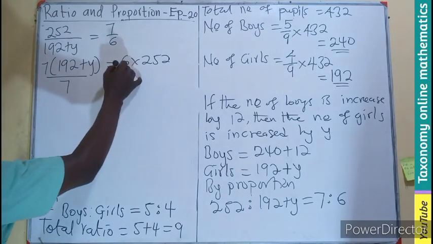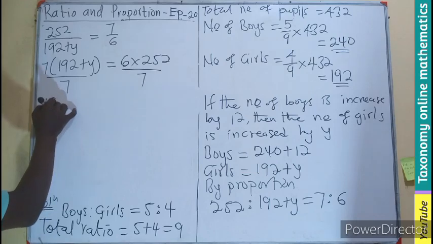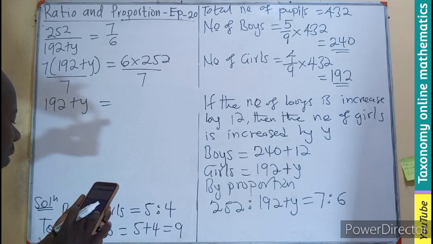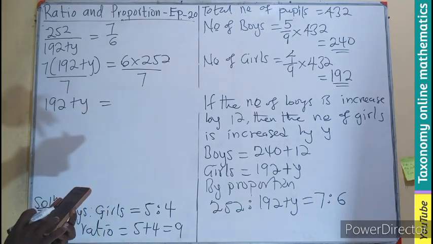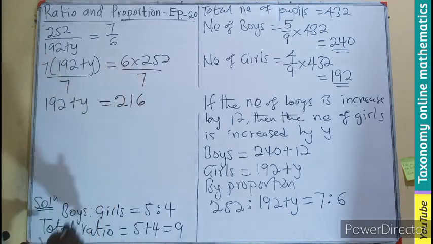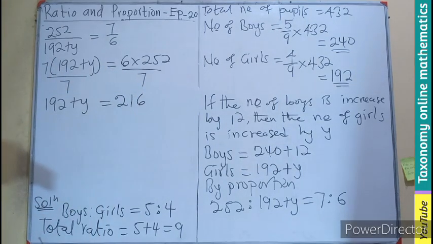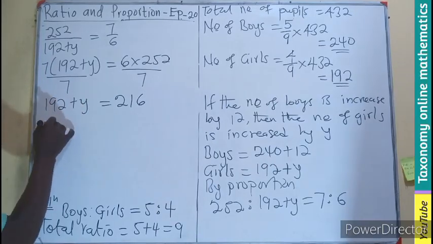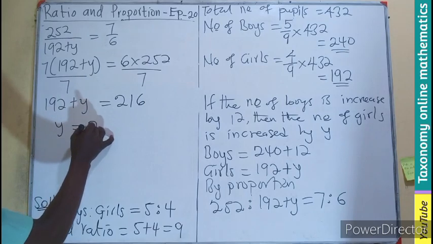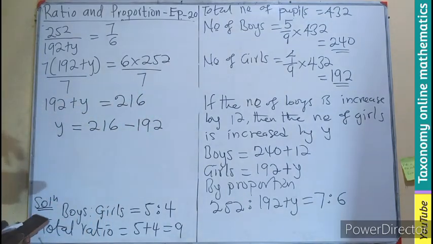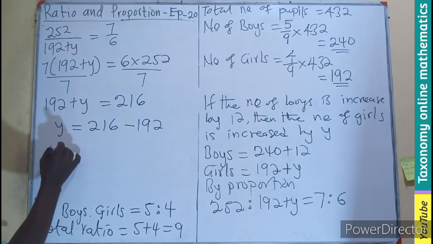So if I divide by 7, I'll be having 192 plus y equals 6 times 252 divided by 7. And that gives us 216. But in this 216, we can make y the subject by subtracting this. So y equals 216 minus 192. And I believe that will give us 24.